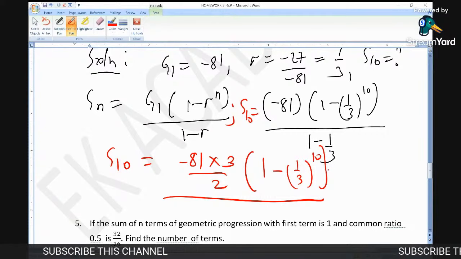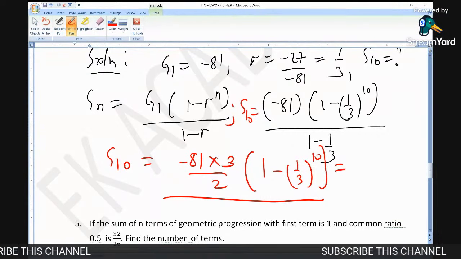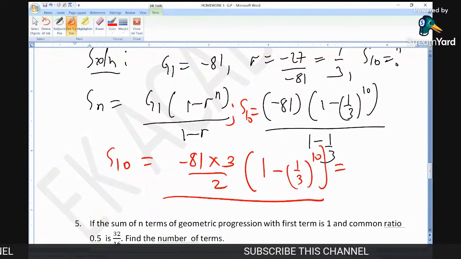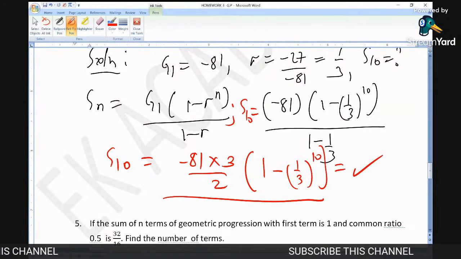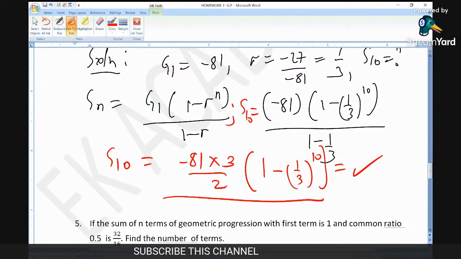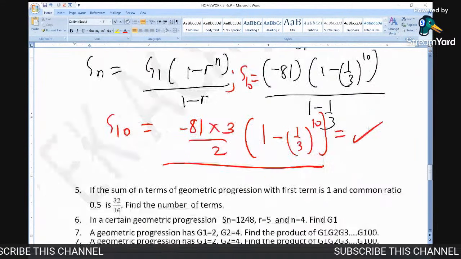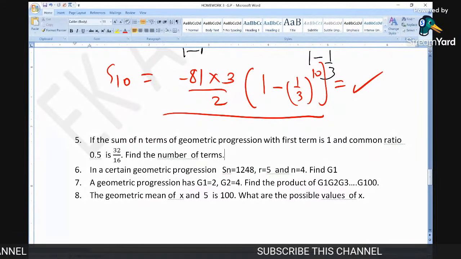This is the result, and you can simplify it further, maybe into exponents of 3s and so forth. But eventually, the result will be this one here. So that is question number 4. Going to the next question, and for our case, it is question number 5.